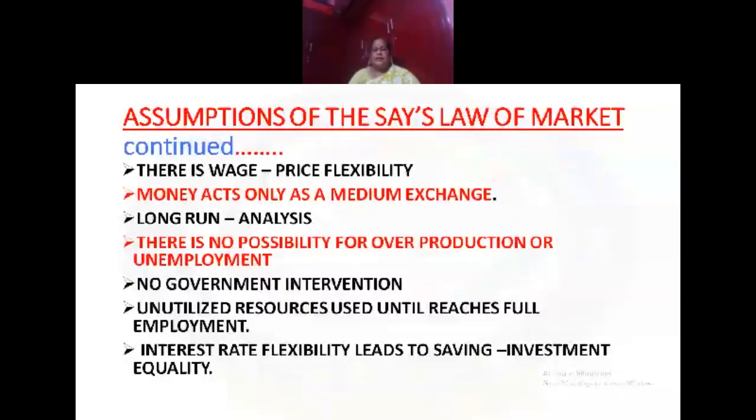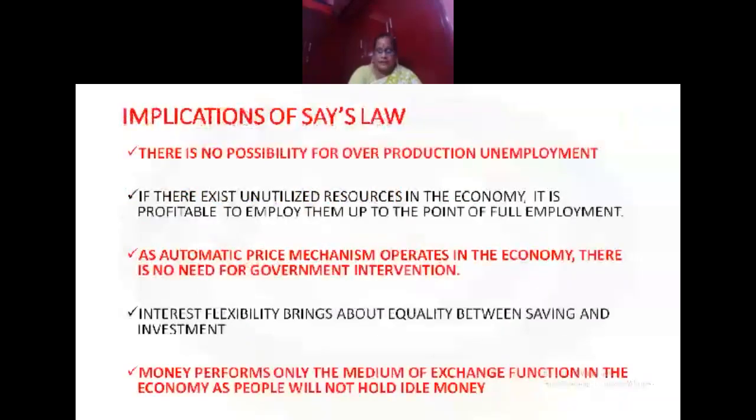The rate will always be flexible, whether it will be increasing or decreasing, and we will not know at what time it will be increasing and at what time it will be decreasing. So he says that it leads to saving. That is also his assumption. So far, we have seen all the 12 assumptions of Say's law of market.